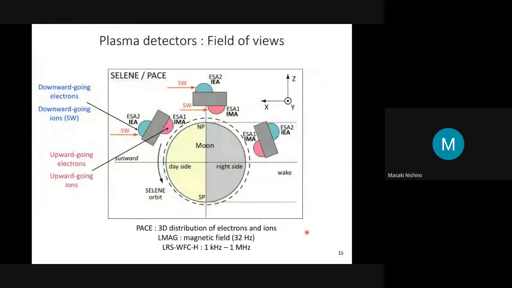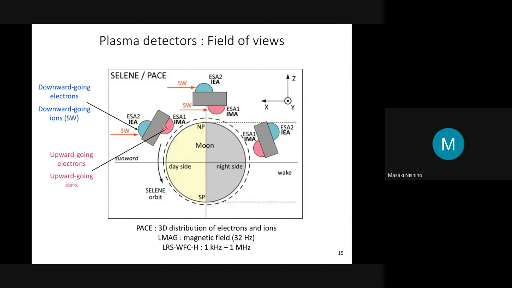So actually, there are 4 independent sensors for the detection of plasmas, and 2 of them are installed on the backward side of the Kaguya spacecraft. One is IEA, for solar wind ion measurement, and ESA2 for electron measurement.